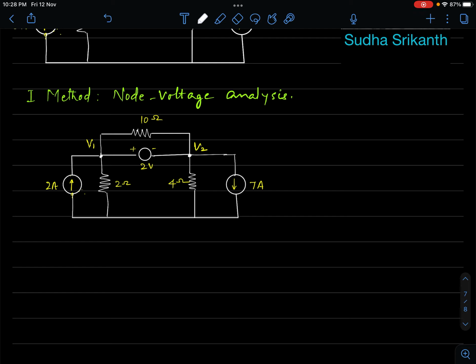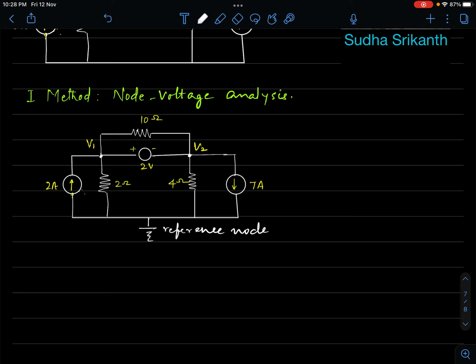V1 is one node and V2 is another, and we will form one more node as the datum node. Let us take this as the reference node. So in nodal analysis, we identify the nodes and take one of them as the reference node.